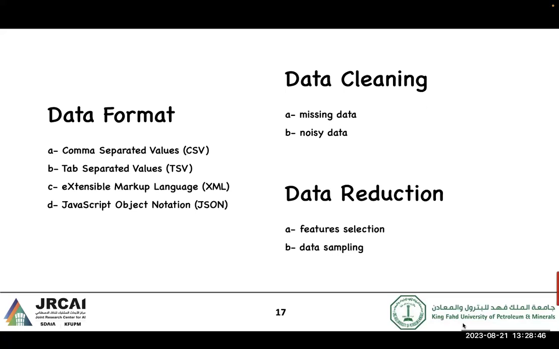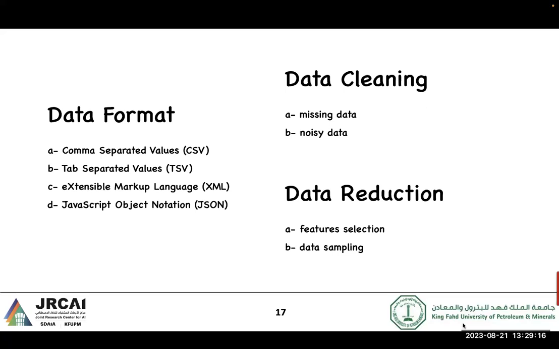Then you have to apply the cleaning process. Cleaning means that if you have missing data or missing attributes, for example you don't have information about whether he's male or female, you need to sometimes take the mean of the data to replace the missing data. If you have noise and outliers in your data, it's better to remove them to get better accuracy.